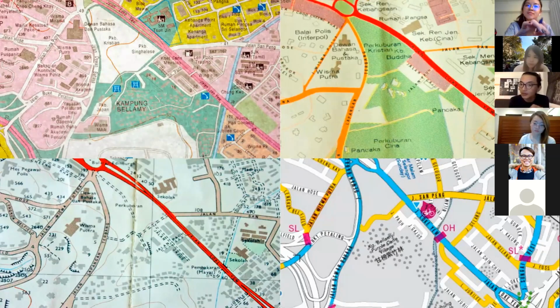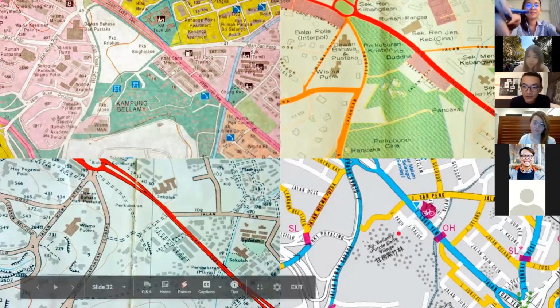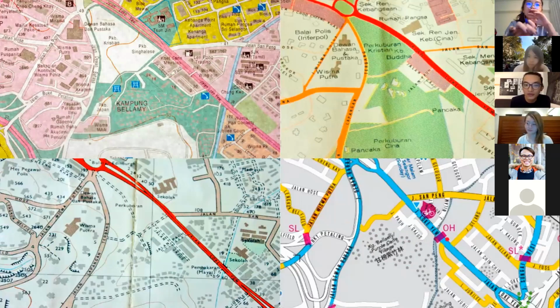So that's why the map was important. I had to make the map, and emphasize a lot on culture as well. So you can actually see a lot of these dots on the map. Those are all the existing villages that are still left in KL, some of them since the days of the founding of KL.